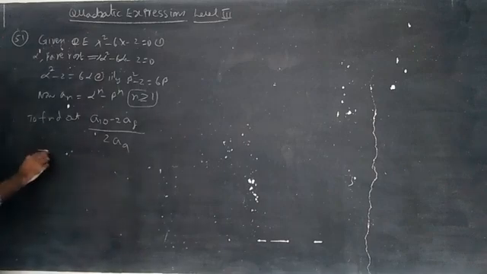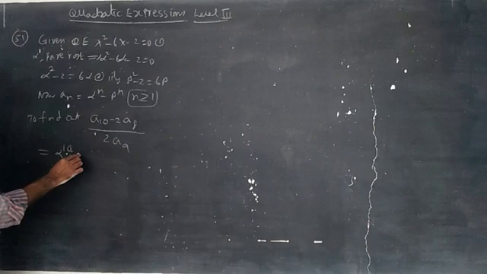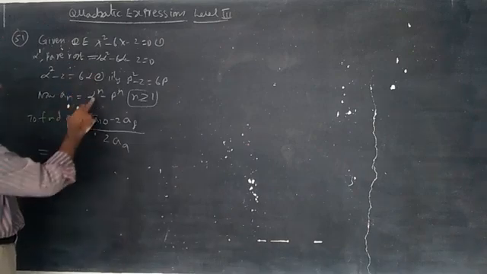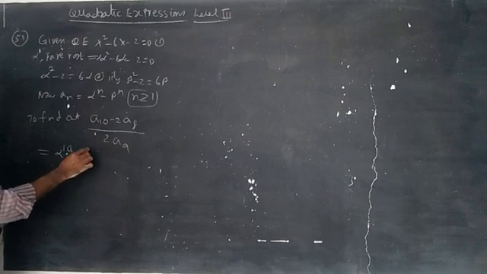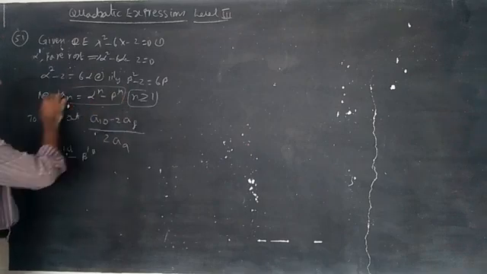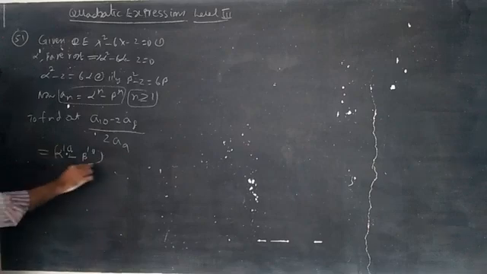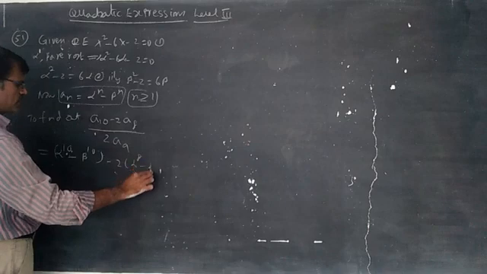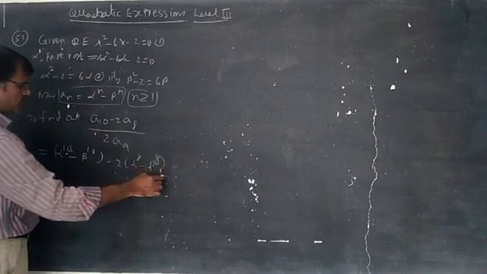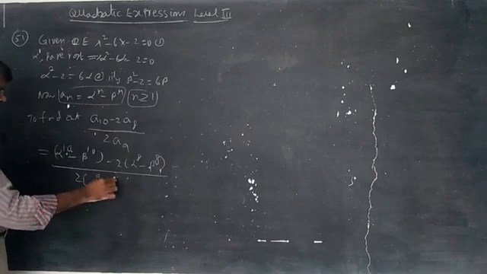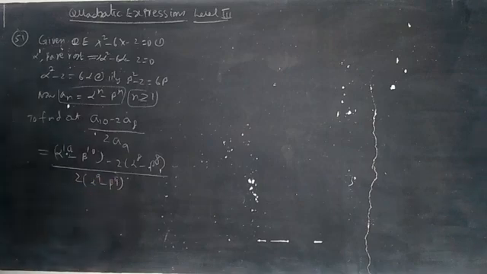That is equal to: A10 means alpha power 10 minus beta power 10, using the concept an is equal to alpha power n minus beta power n. Put a bracket here, minus 2 into alpha power 8 minus beta power 8, whole by 2 into alpha power 9 minus beta power 9.